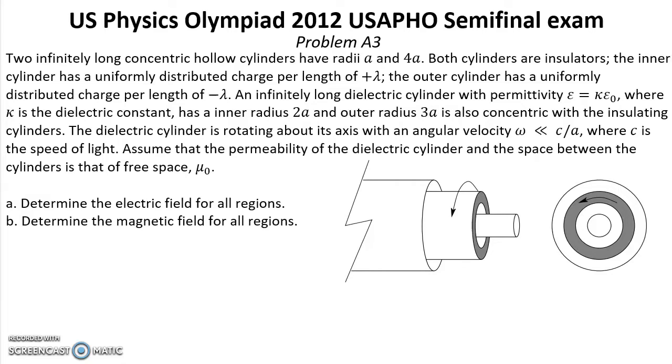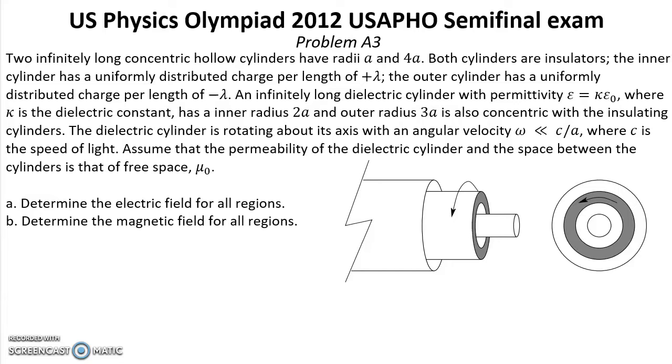An infinitely long dielectric cylinder with a permittivity epsilon equal K epsilon 0, where K is the dielectric constant, has inner radius 2a and outer radius 3a. It is also concentric with the insulating cylinders.